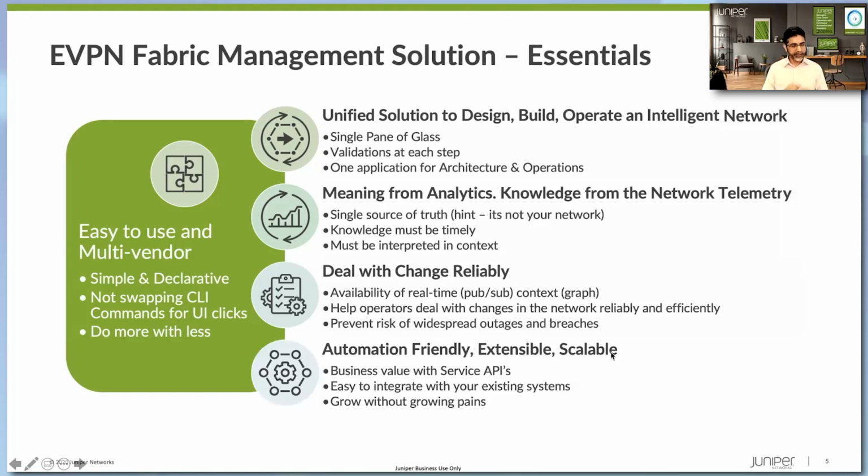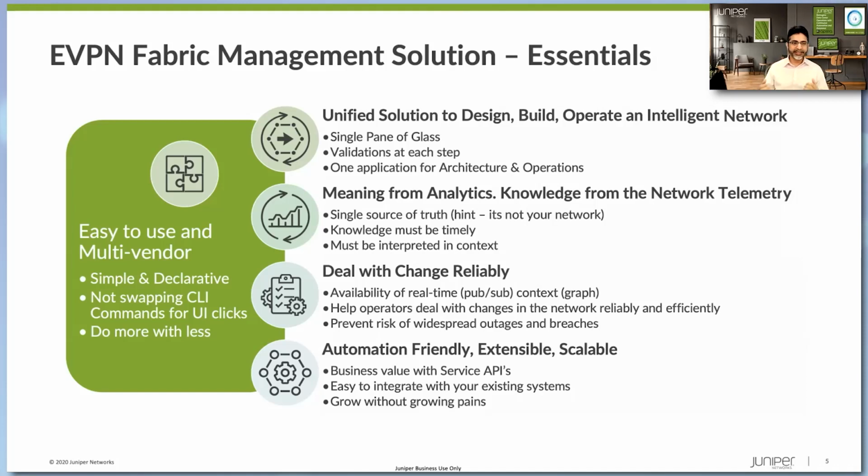But last but not least, it needs to be automation friendly. We all know that most organizations operate a large infrastructure on top of the network. So they have preferences on what programming language they use, what their workflows are, and what OSS, BSS systems are out there. So you want to be able to have that flexibility. Simple and usable APIs are a must.